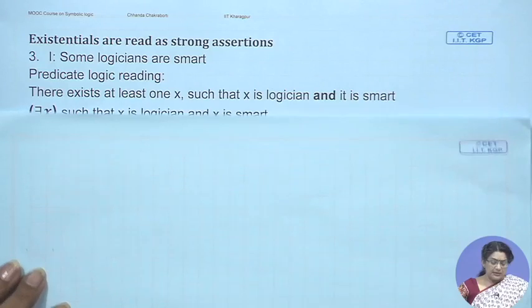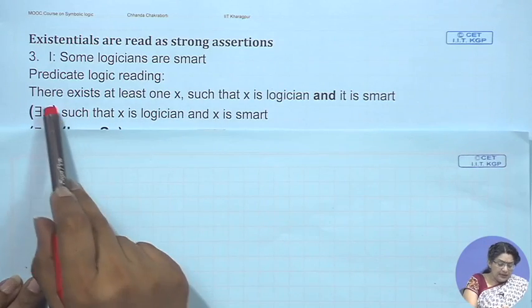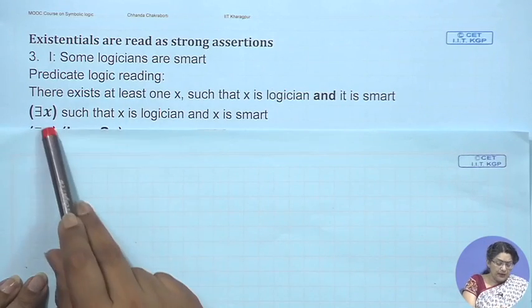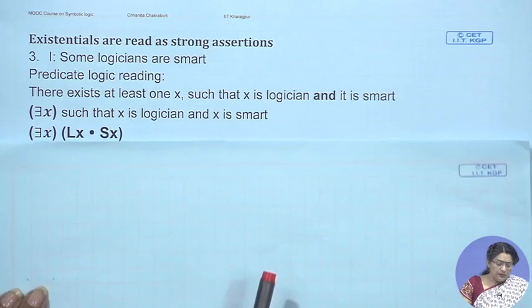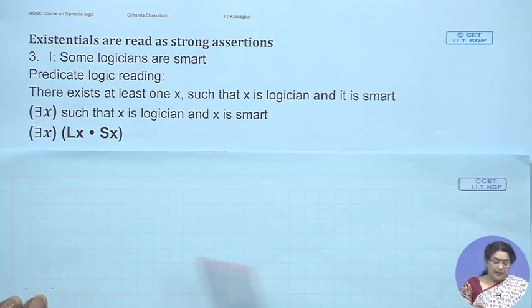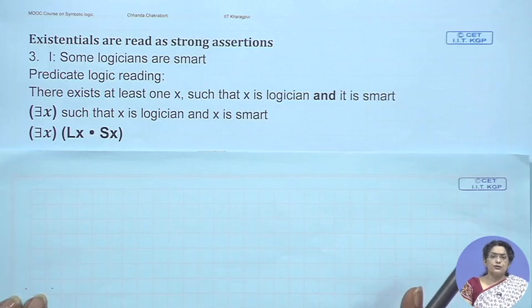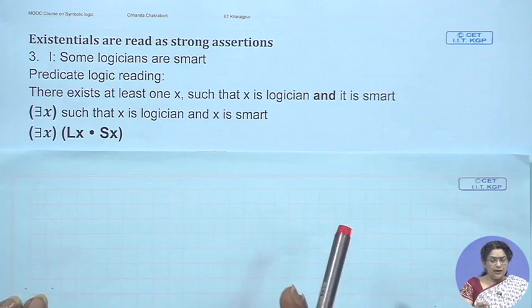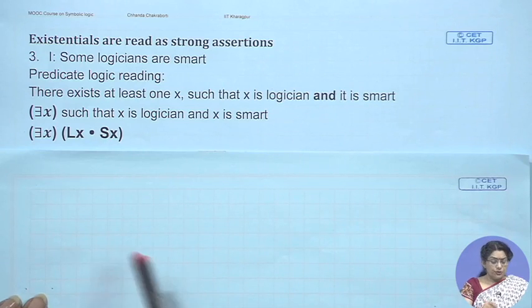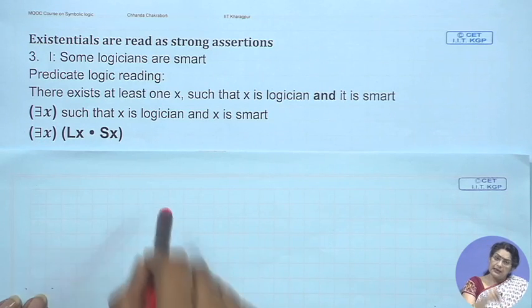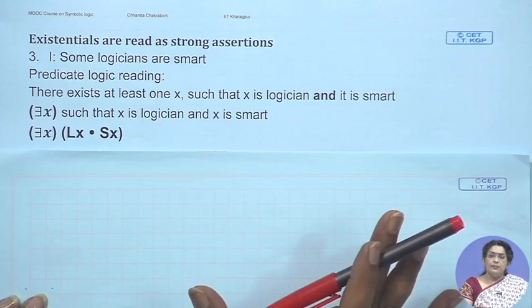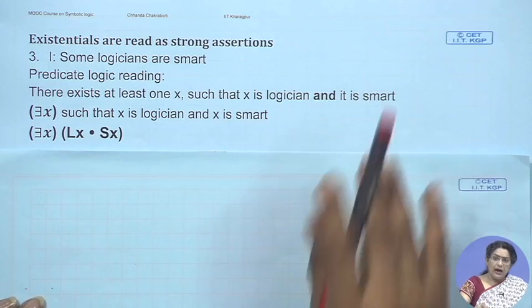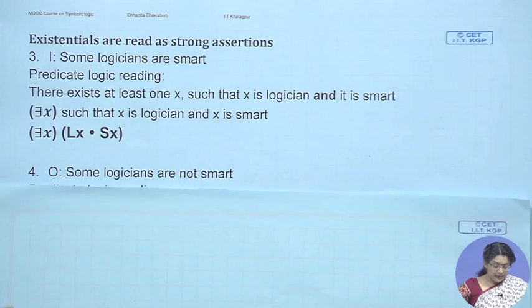And then the translation looks like this: there exists at least one x such that x is a logician and is smart. And this dot makes a heaven and hell difference in the assertion. This is a much more direct and more powerful assertion. There is such an x and that x has both of these properties. Get it? So, remember, this is the treatment the I gets.